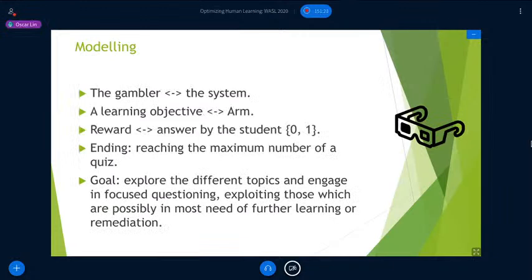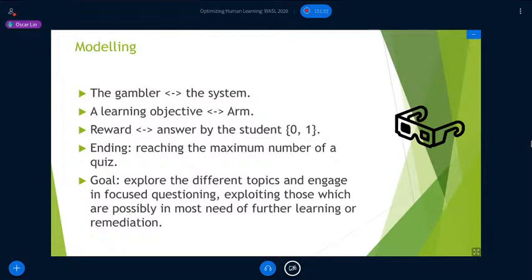To model the quiz generation process, we map the gambler to the assessment system, and we map the learning objective, or you can call it knowledge component in some cases, but in assessment we prefer learning objective, to an arm in the multi-armed bandit model.